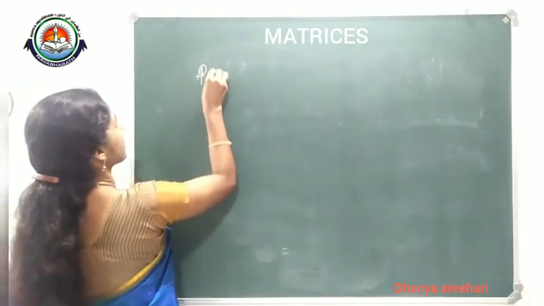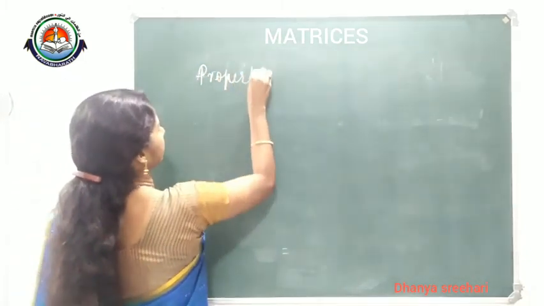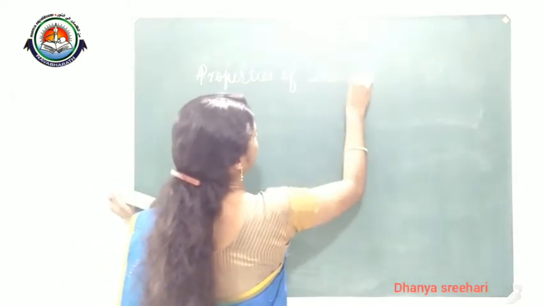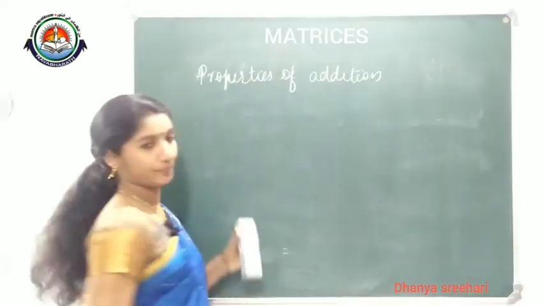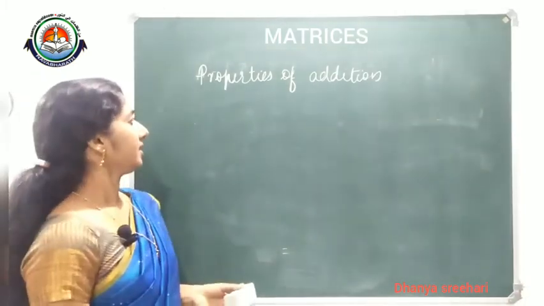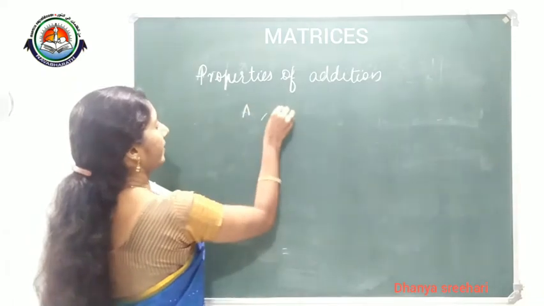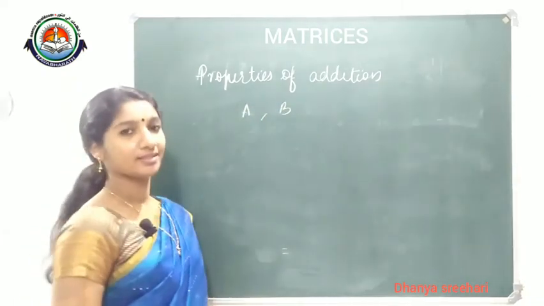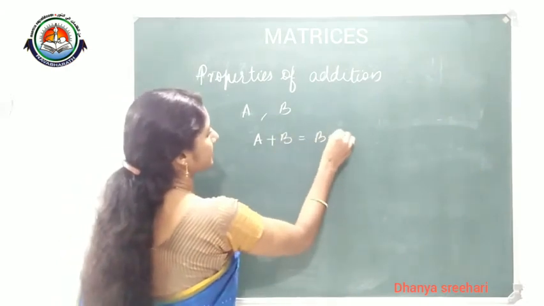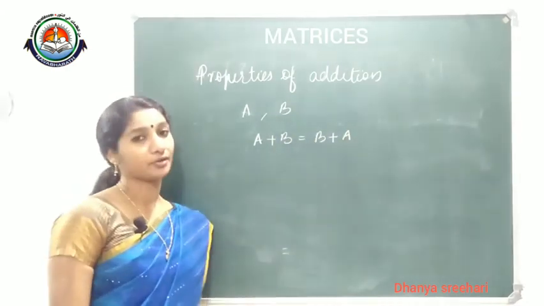Properties of matrix addition. And the first property: if A and B are two matrices, then A plus B is equal to B plus A. That means commutative property.